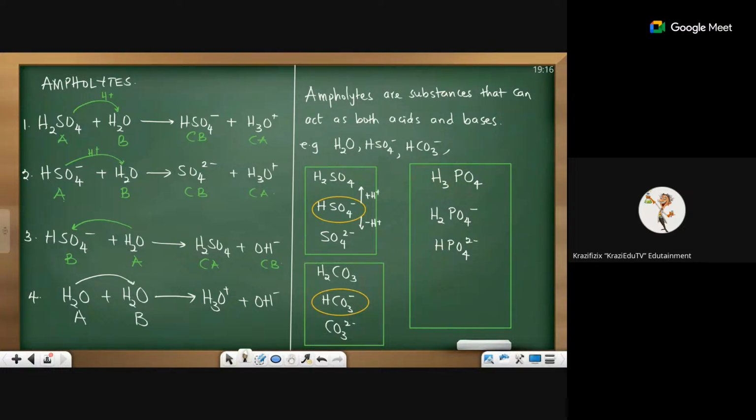Now let's subtract the third one. What are we going to have? PO4, 3 minus. The two in the middle are ampholytes, because when they go down, they are losing, and when they go up, they are gaining.